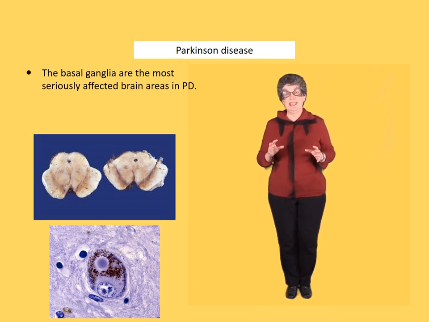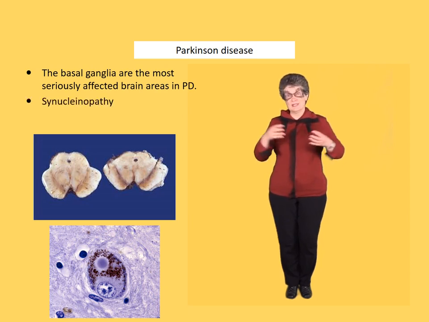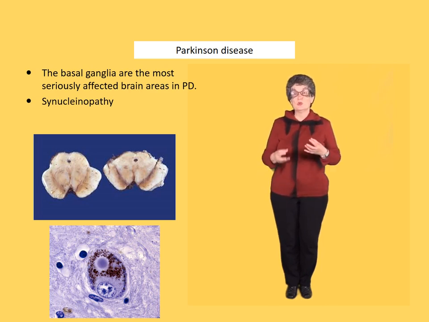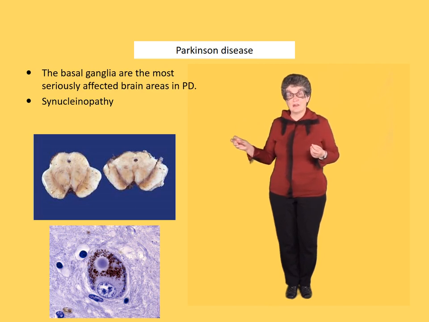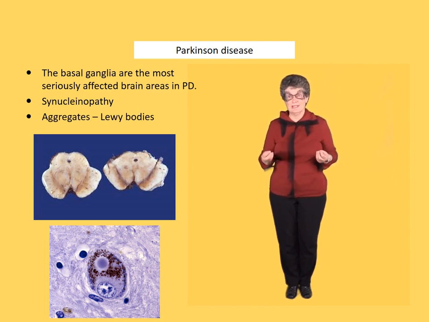The protein here that's abnormal is synuclein. So we sometimes call this a synucleinopathy. The abnormal proteins clump together inside the cell and form aggregates called Lewy bodies. Yes, these are the same aggregates that we find in Lewy body disease.